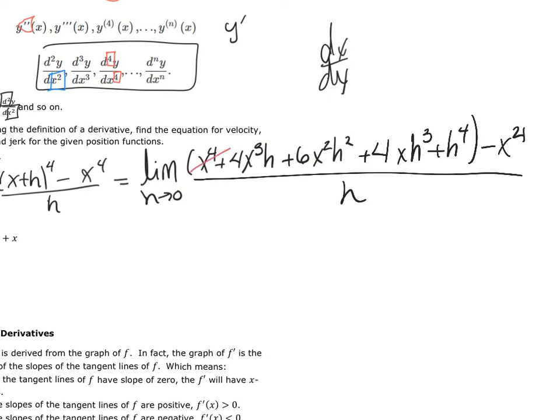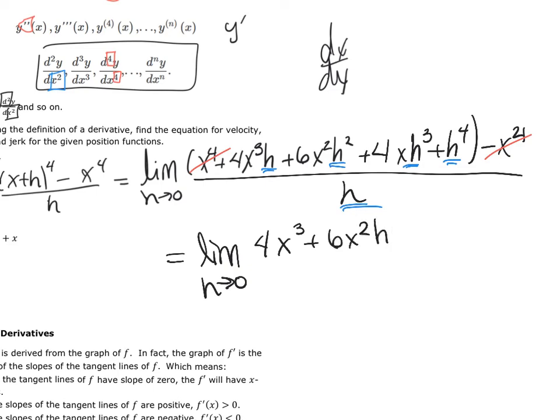So you can see that my x to the 4th will cancel, and each one of those terms inside has an h. So I have the limit as h goes to 0. This will go down by an h, and each of the rest will go down by an h. So I have 4x to the 3rd plus 6x squared h plus 4x h squared plus h cubed, because I factored and canceled.